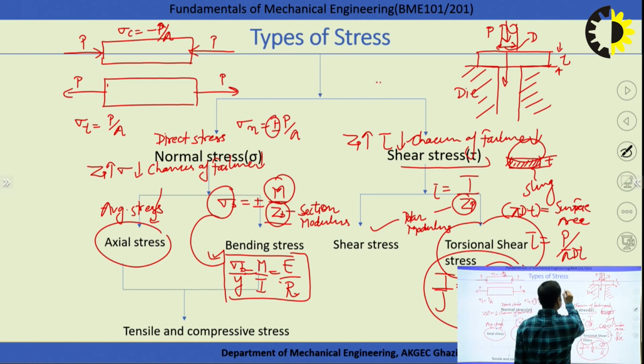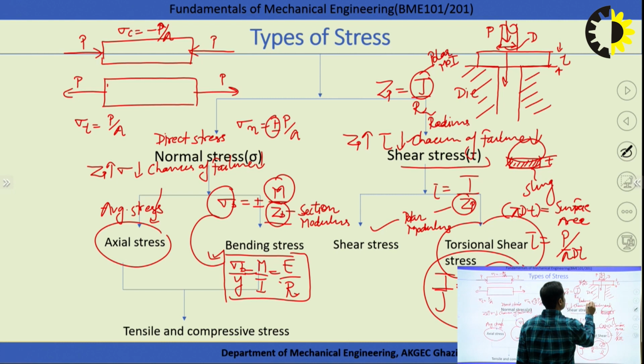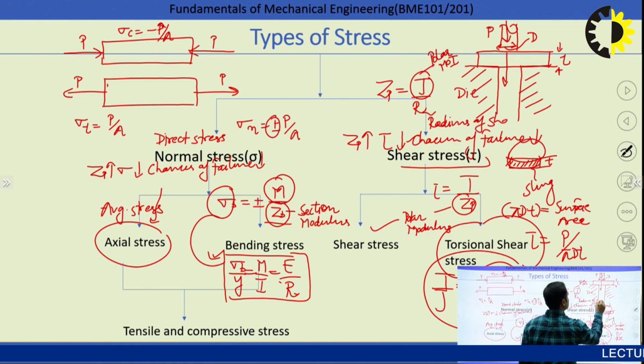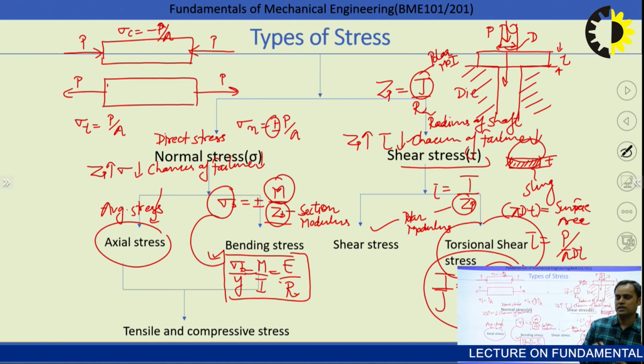And ZP is the ratio of J upon R. What is this J? J is the polar moment of inertia, and this R is the radius of the shaft. So basically we have to consider the polar moment of inertia.